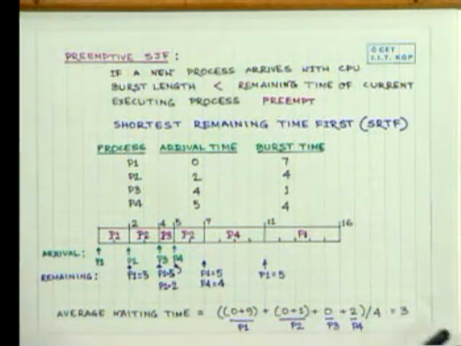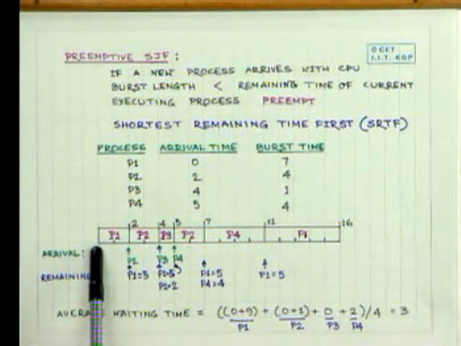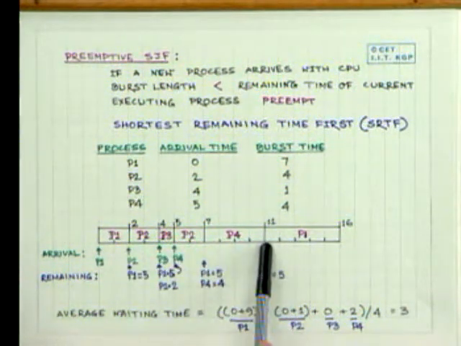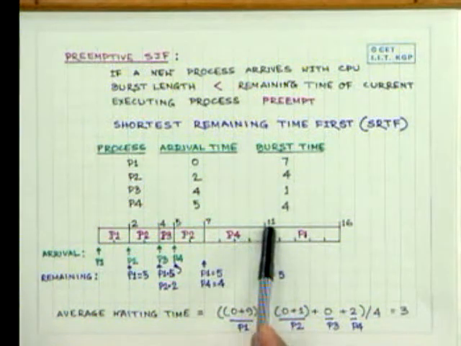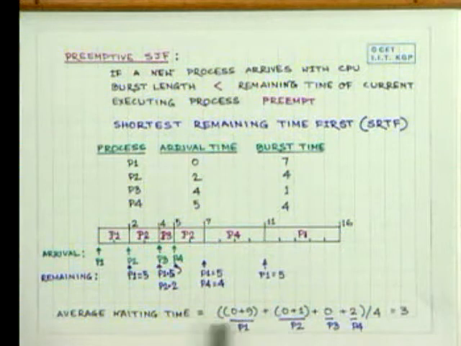Now, in this case, let's see what the average waiting time is. For P1, the waiting time is 0 here, and once it has been preempted, it is scheduled here. Therefore, it is 11 minus 2, which is 9. That is the waiting time for P1.